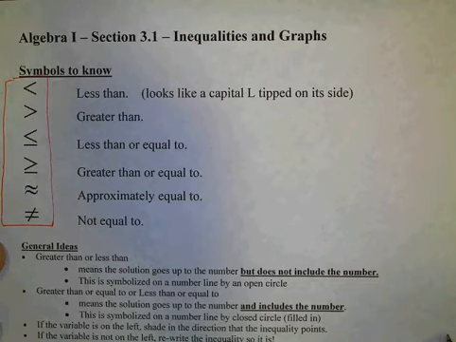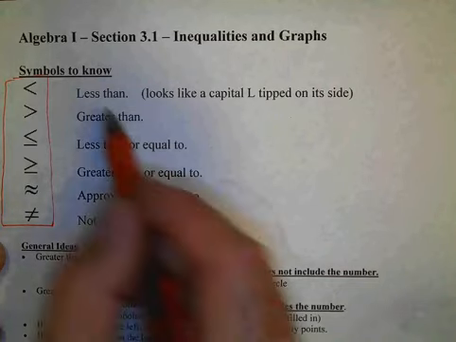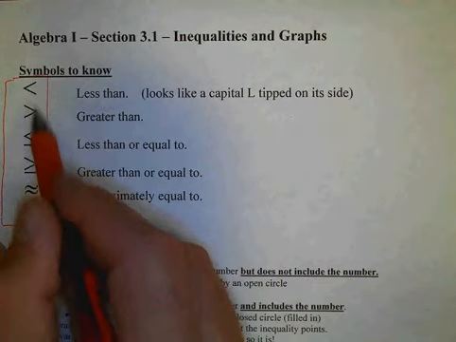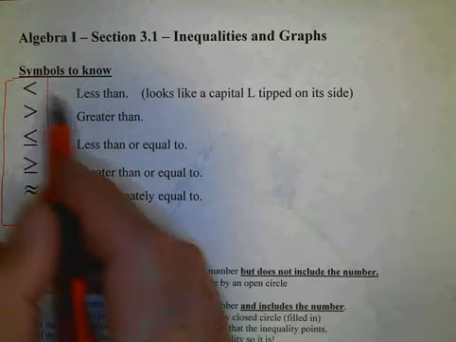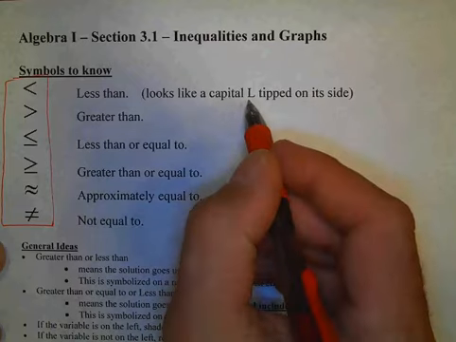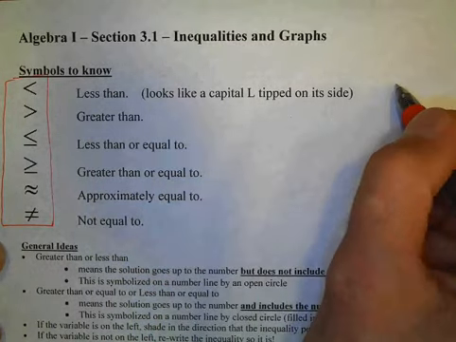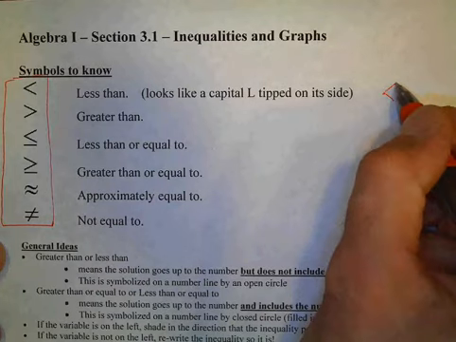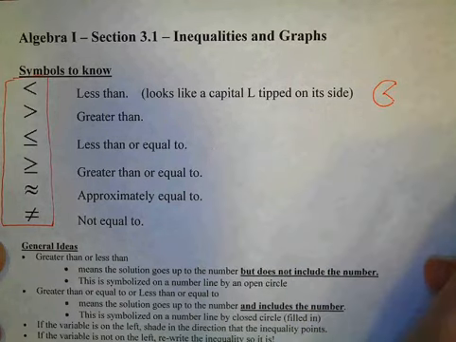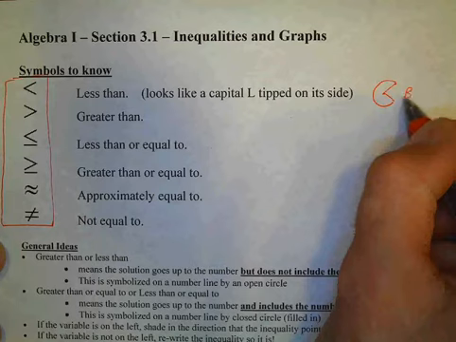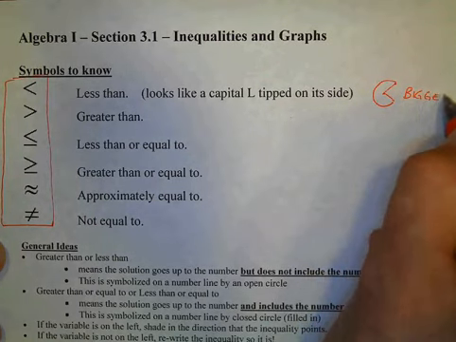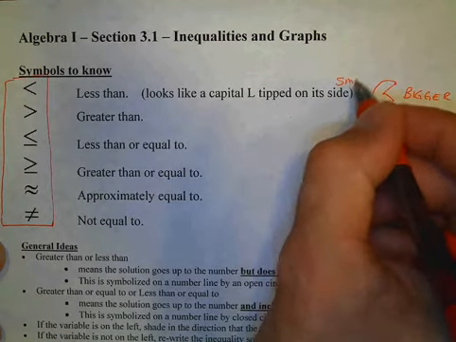Our first two that we're going to focus on are less than and greater than, these two signs here. You're very familiar with both of them. The less than sign generally looks like a capital L. That's one way to think about it. A lot of you may remember it's more like a Pac-Man, and the bigger side is on the bigger side of the Pac-Man, and the smaller number is on the other side.